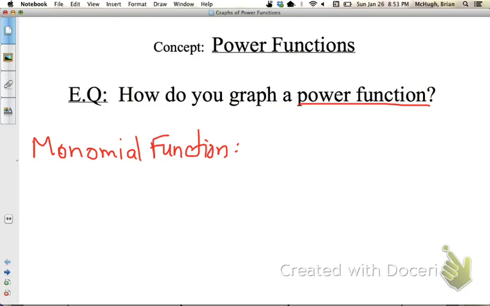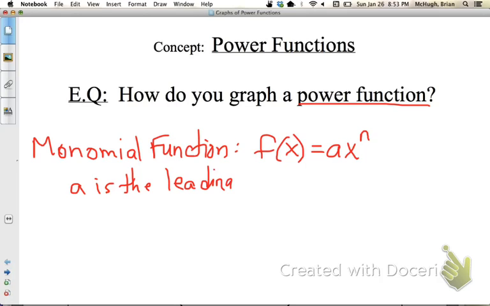So a monomial function can be written in the form f of x equals ax to the n, where we call a the leading coefficient. That was a vocabulary term we had before.